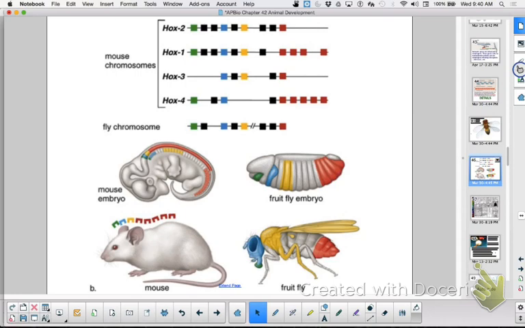So it doesn't matter if you're looking at a mouse or an embryo, they have similar series of genes that code for their anterior end, which they colored here in green. And then they have similar genes here. And this is a mammal versus a fly. They have these same pattern formations developing this pathway of development. So highly conserved, meaning that they are found in many animal genomes.